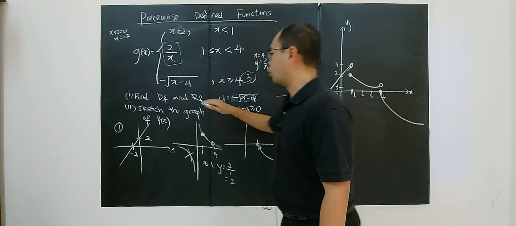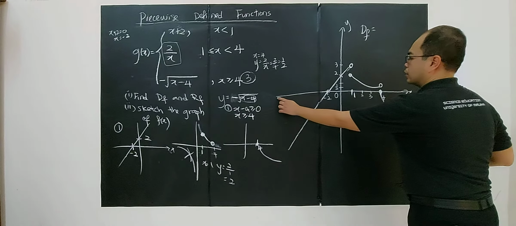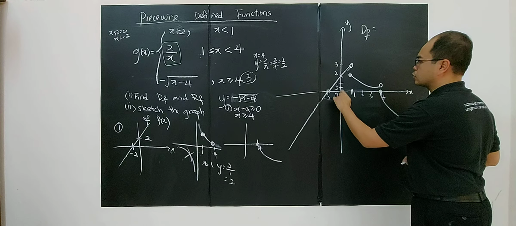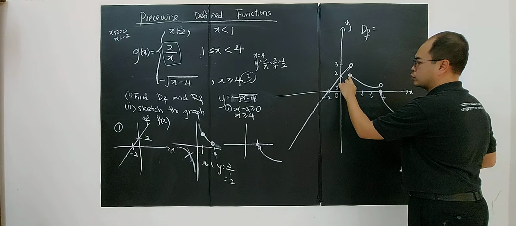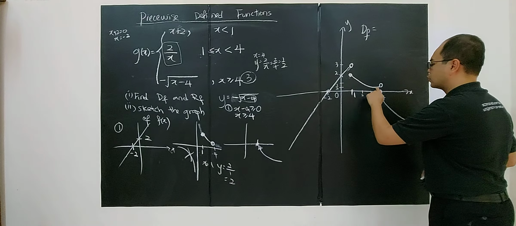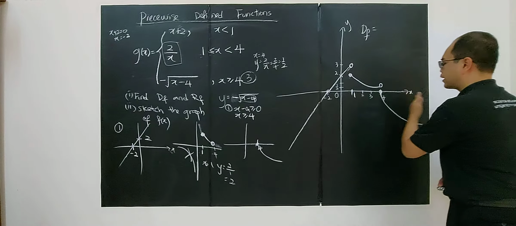So how do we read the domain and range? For the domain, anywhere there is a graph, there is a graph. For 0 also there is a graph. And at 1, one is empty, one is included, so 1 is also included. It continues, continues.